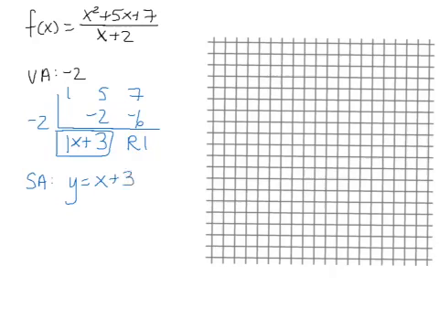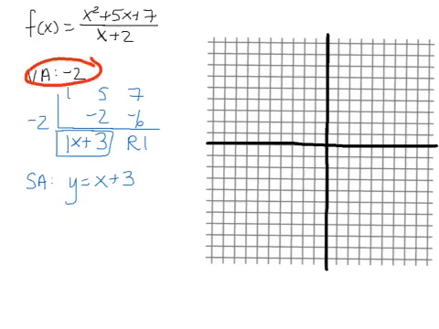So the question is, how do we graph this? Okay, so we know our vertical asymptote, we'll keep that in red.